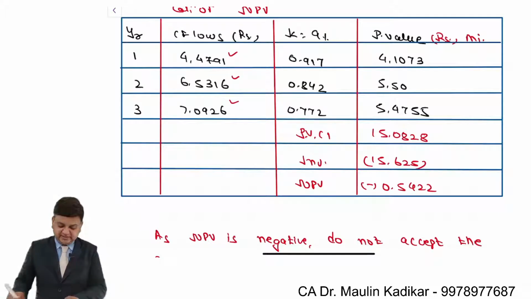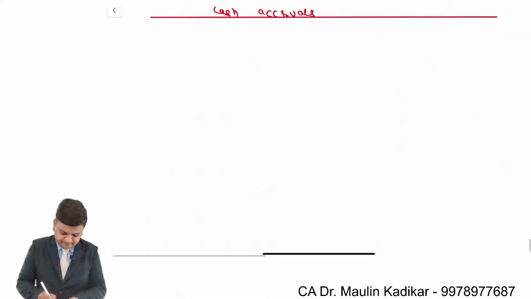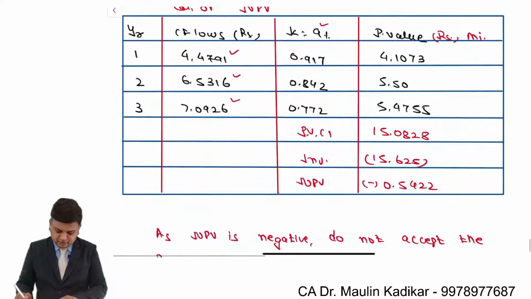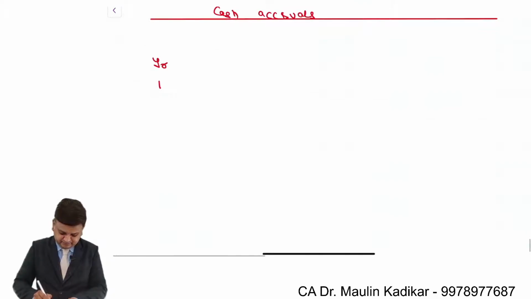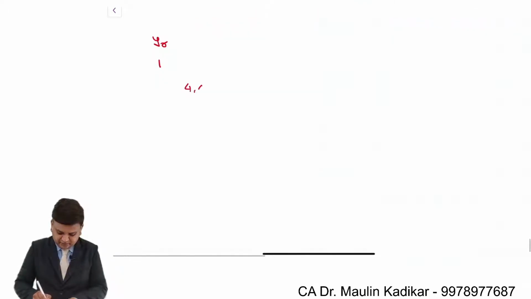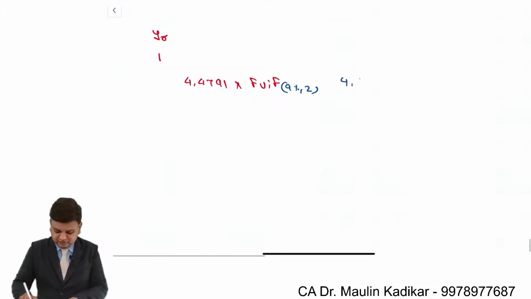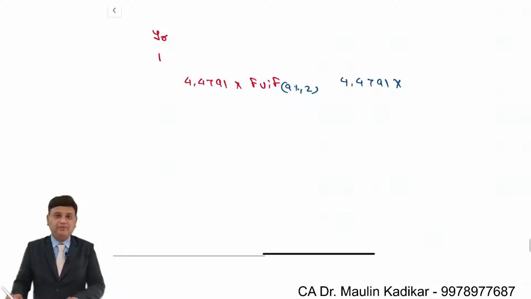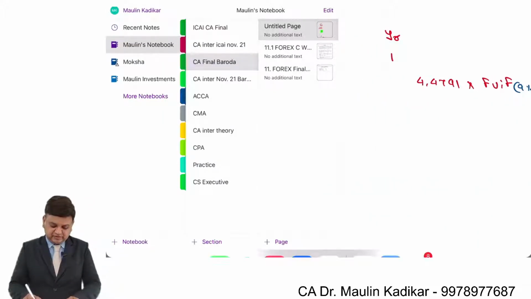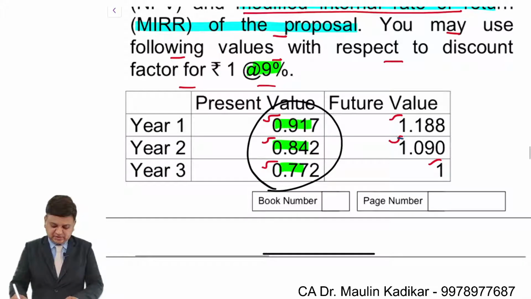Now that will be reinvested at the rate of 9%. So for the first year, 4.4791 into future value interest factor at the rate of 9% for 2 years.